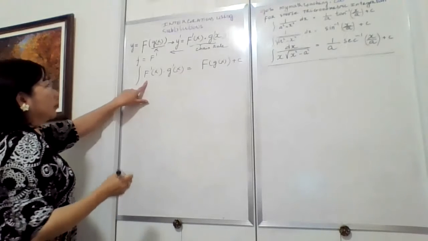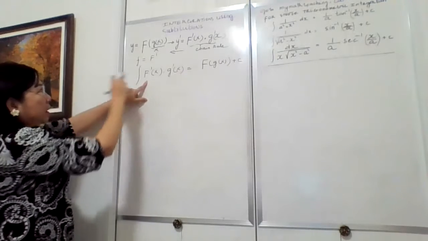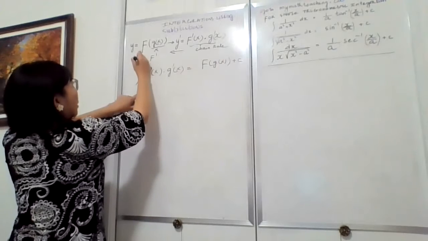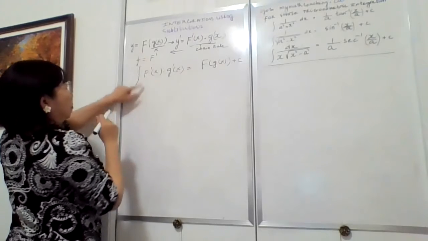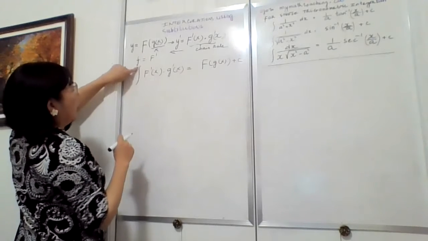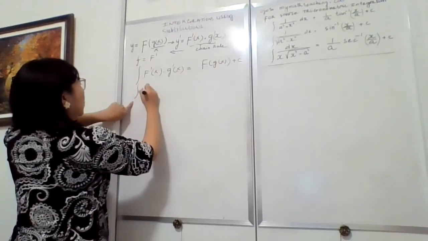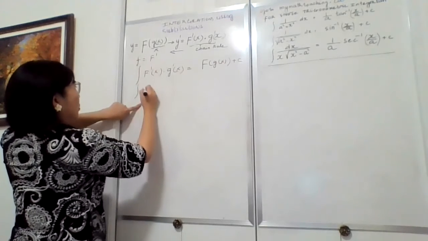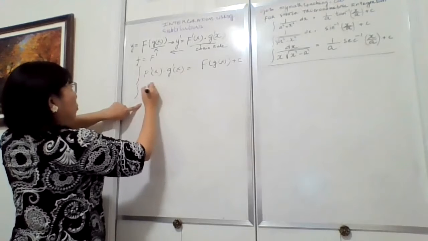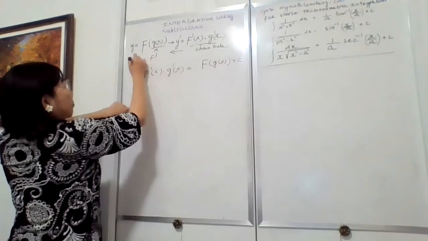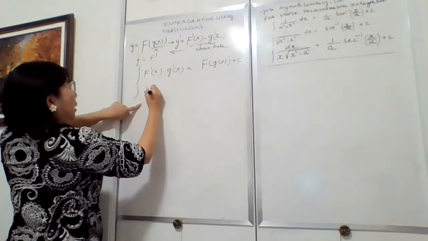I want to write exactly as in the textbook. They call this big F prime, here is the F. So they will write like this.